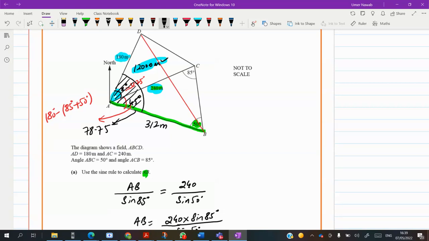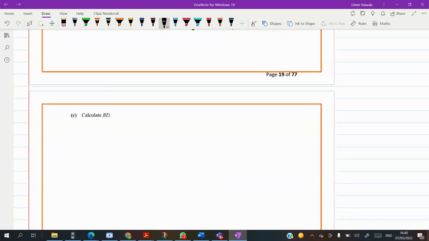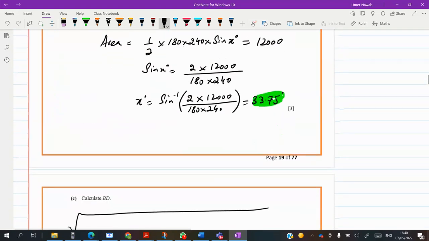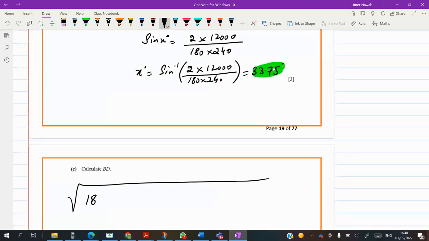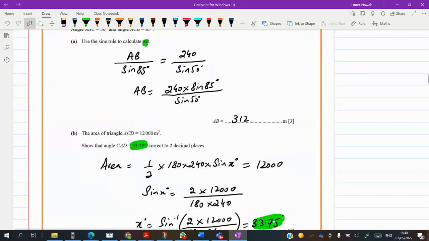We know the two sides. We can use the cosine rule. What are the two sides we have? 180 and 312. The cosine of 78.75.